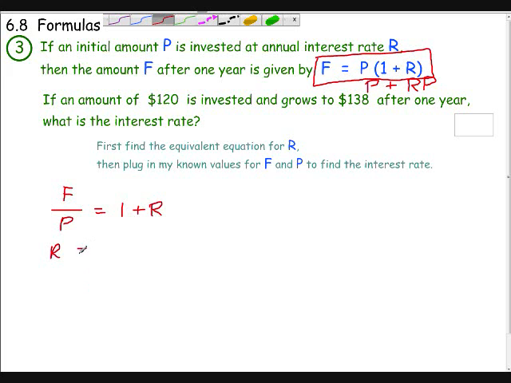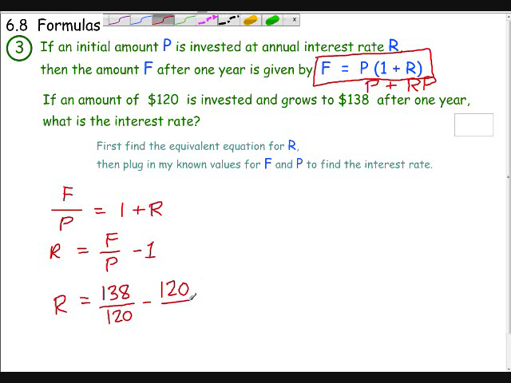R is equal to F divided by P minus 1. My known amounts, my final value was 138. My principal was 120. And then I'm going to subtract 1.